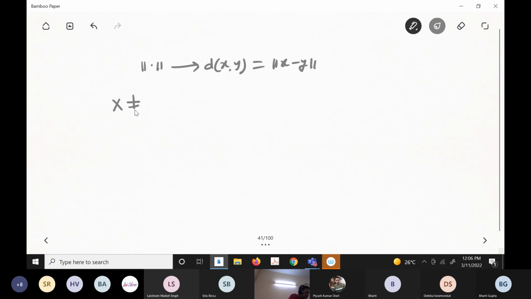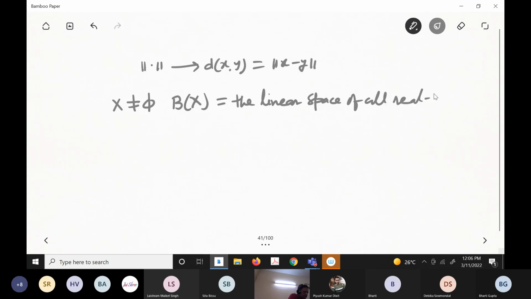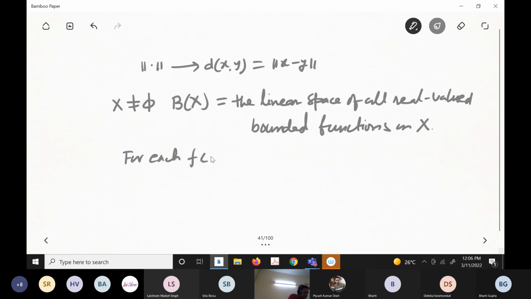X is a non-empty set and B(X) is the linear space, vector space, of all real valued bounded functions on X. Then for each f belonging to B(X), define this. This is a special notation for this particular norm.